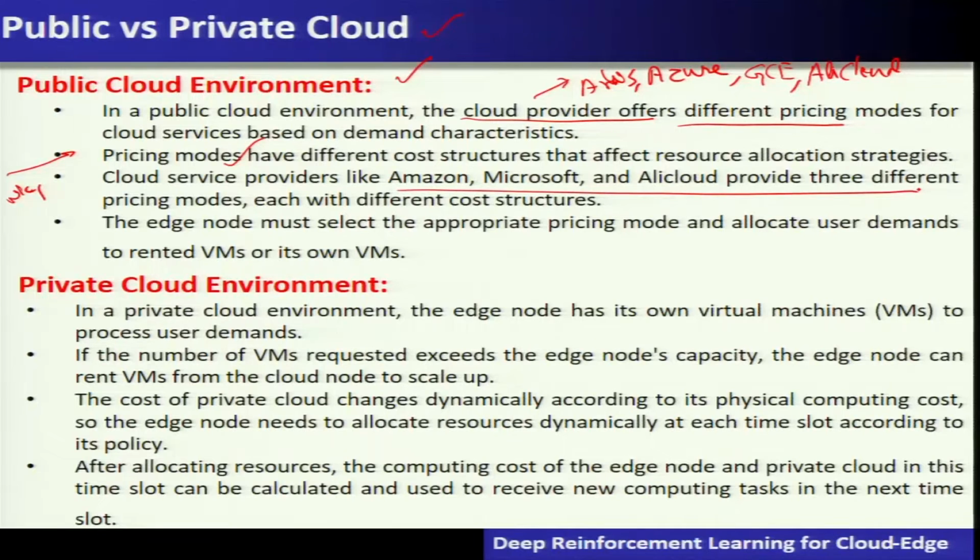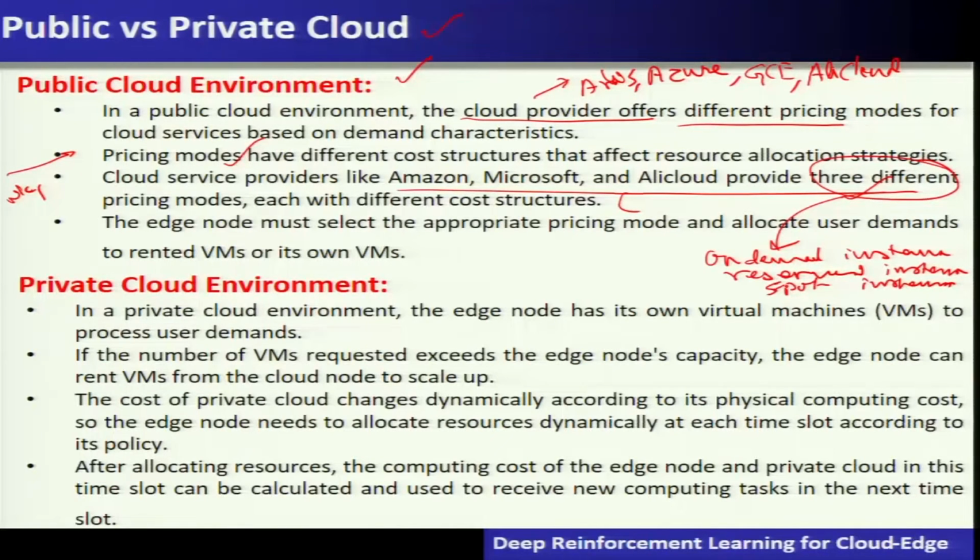We have taken a common type of pricing model, prevalent across most of these cloud vendors, with three different price modes: on demand instances, then reserved instances, and then spot instances.